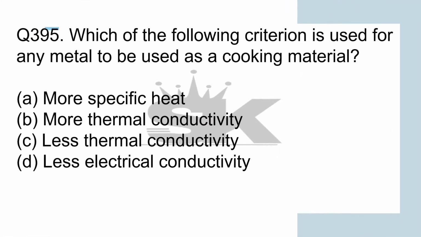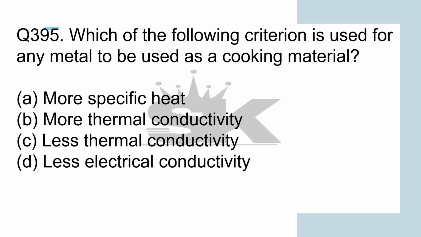Which of the following criteria is used for any metal to be used as cooking material? A material's suitability as a cooking material is greatly influenced by its thermal conductivity, not its lack of. Cooking materials like pots and pans need to efficiently transfer heat to the food being cooked.